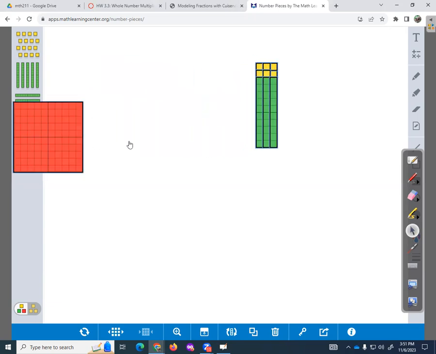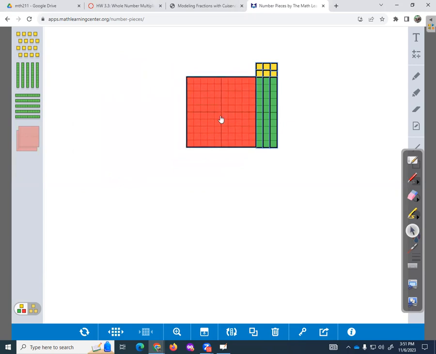Those guys over. So then here's my 13 across the bottom, right? 10, 1, 2, 3. And then slide those guys up there. And I think I got my picture constructed.